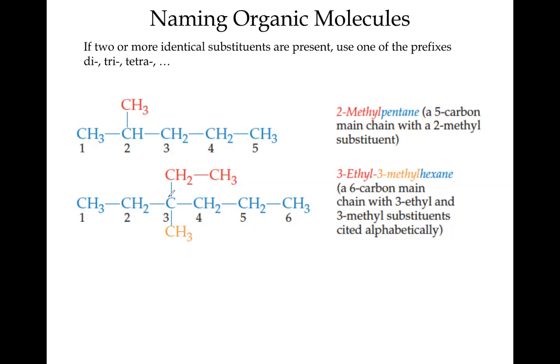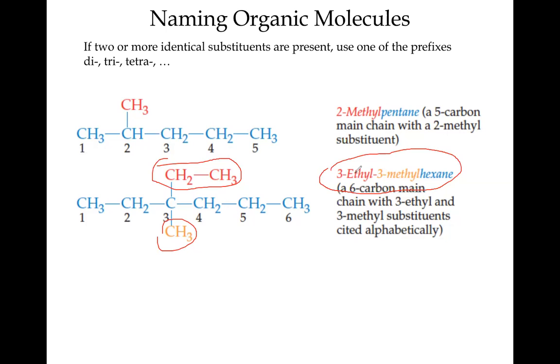We say the third carbon has a methyl group and an ethyl group. So we name it 3-ethyl, 3-methyl hexane. 3-ethyl because E comes before M, and hexane because the longest chain is 6 carbons.